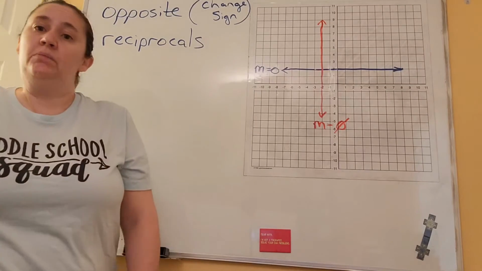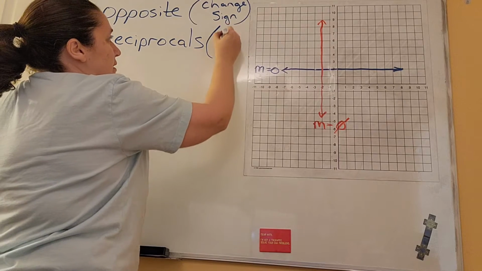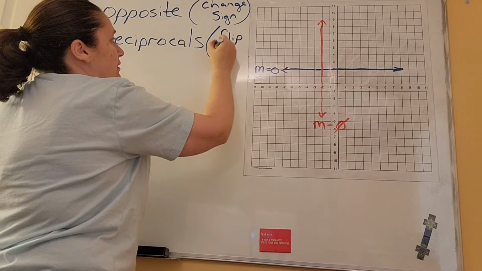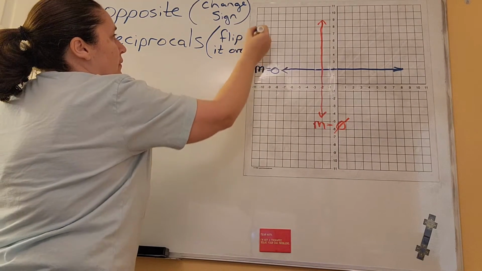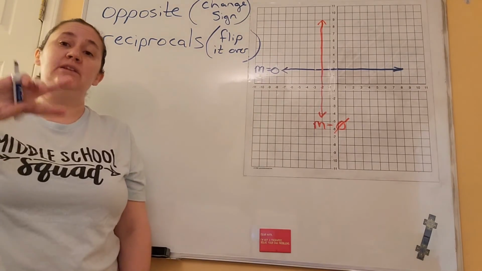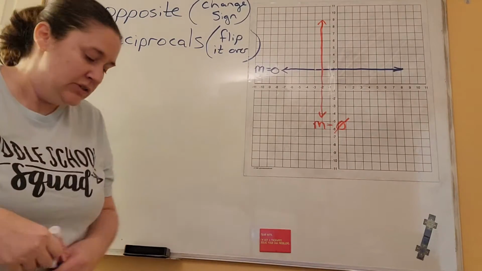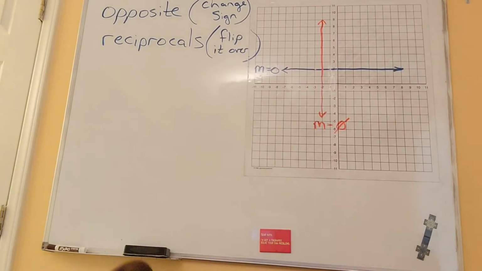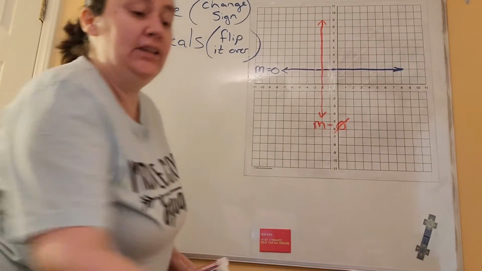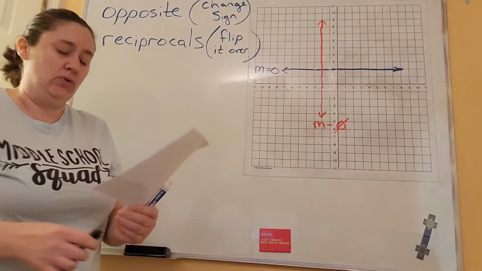If it's negative, make it positive. And the word reciprocal means flip it over. If you write the slope as a fraction, the reciprocal of that fraction is you flip it upside down. So if you have two perpendicular lines, their slopes will be opposite reciprocals.